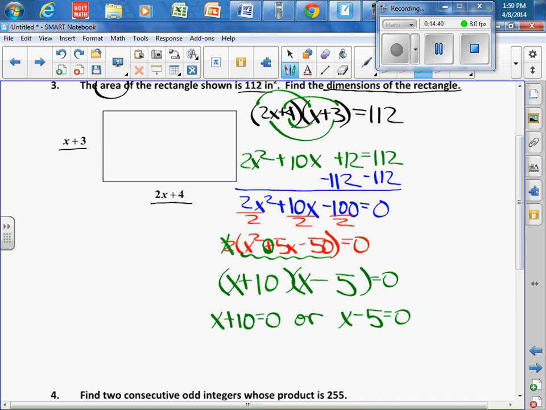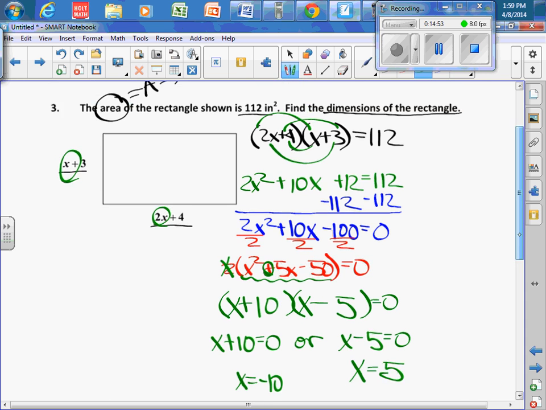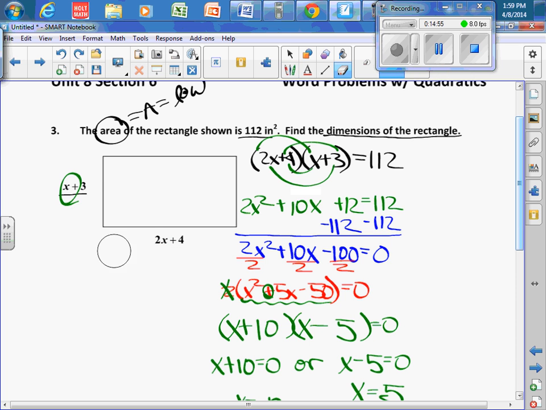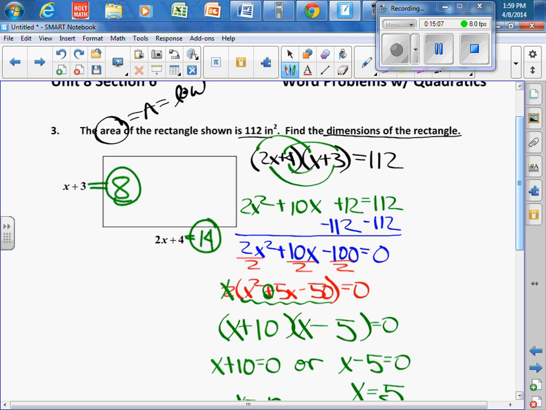In the first case, we get x is equal to negative 10. Is that going to make sense? No, I think not. How about x is equal to 5? Would that make sense for the dimensions of a rectangle? Sure it would. So let's plug in 5 for each of these x's. 5 plus 3 would be equal to 8. 2 times 5 is 10, plus 4 would be equal to 14, and there are the dimensions of your rectangle.